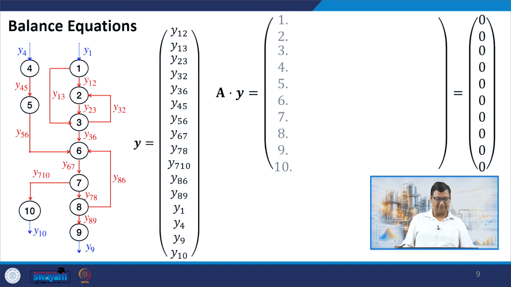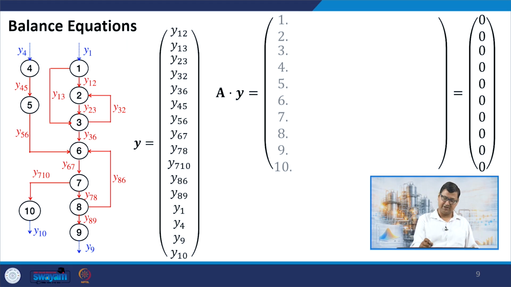And now, once we have that, as we have discussed, we can define a column vector y for the edges, and then multiplying the augmented matrix with this column vector y, we can get the balance equations formally, but in this case we can also do it by inspection.